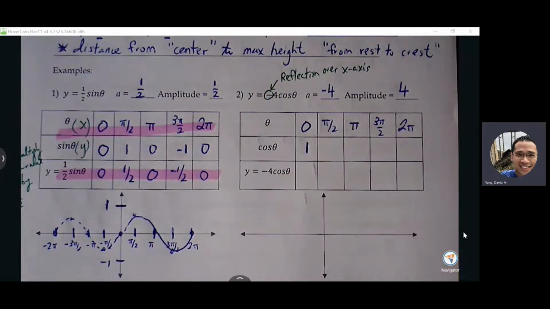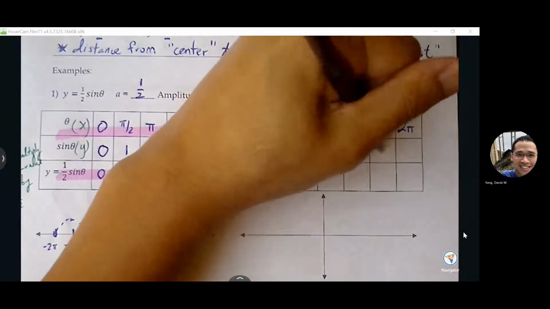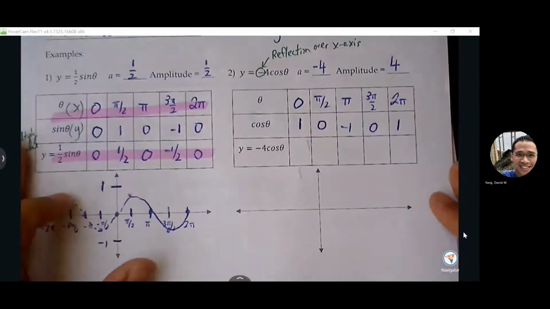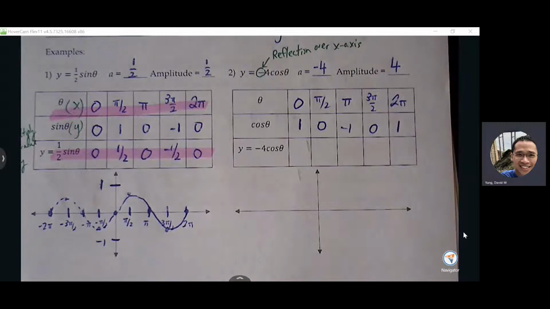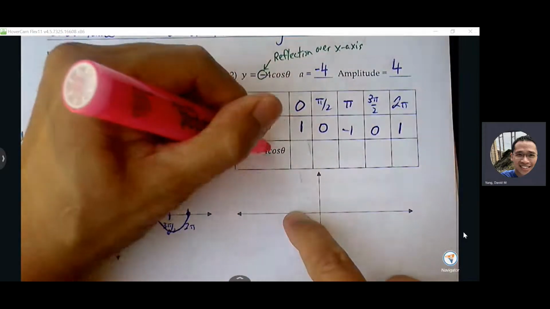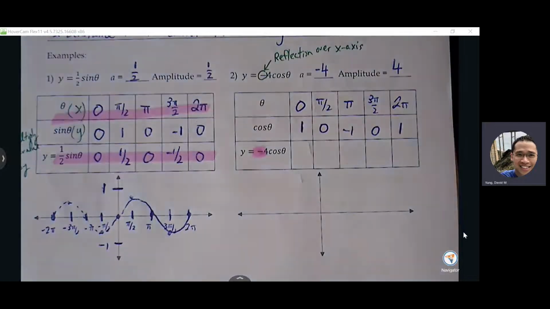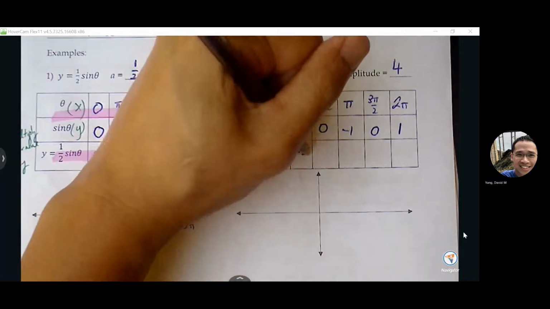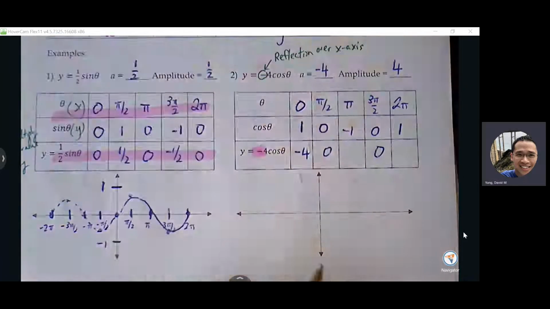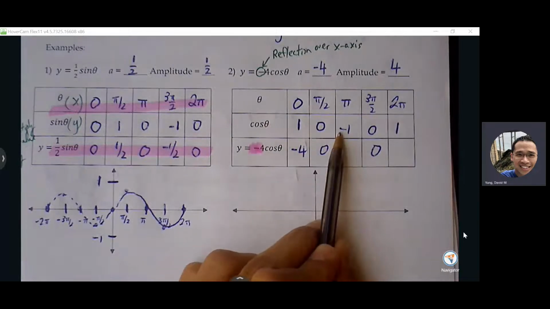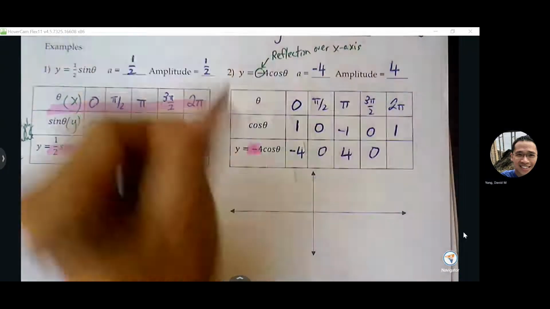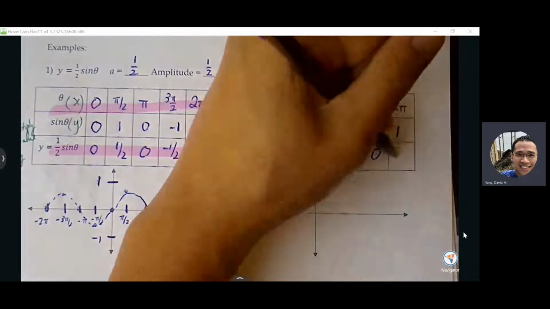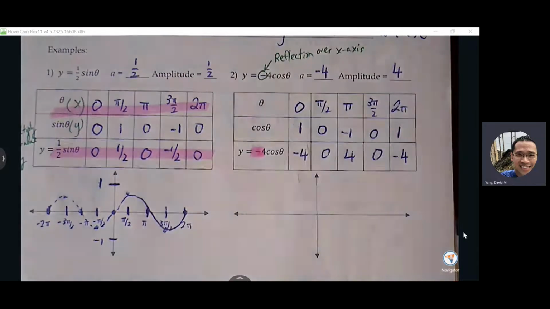Cosine is a cup, so it starts at the peak, goes down, and goes back up to the top. Here, that -4 just means I'm going to multiply my y value by -4 to get that full transformation effect. So -4 times 1 is -4. All the zeros I know will just stay 0. -4 times -1 is 4. And then 1 times -4 is back to -4.